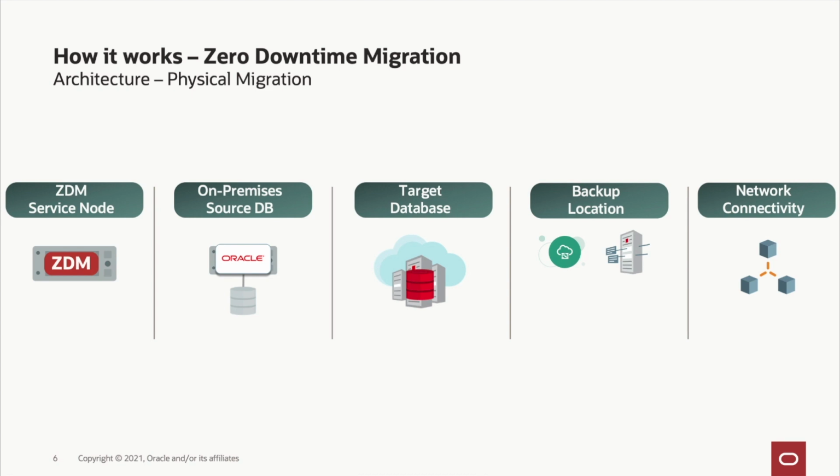If you're migrating to an Oracle Cloud Infrastructure-based database, then that backup location can be the object store. But if you're migrating to Exadata on-premises or Exadata Cloud at Customer, the backup location, of course, will be NFS or the recovery appliance. And of course, we have network connectivity because we have to be sure that ZDM can connect to the source database, the target database, backup location, etc.